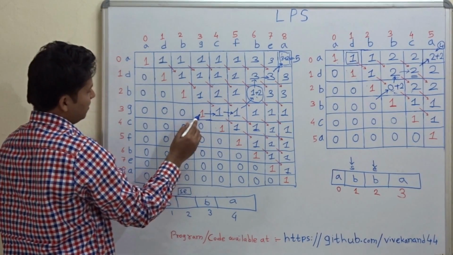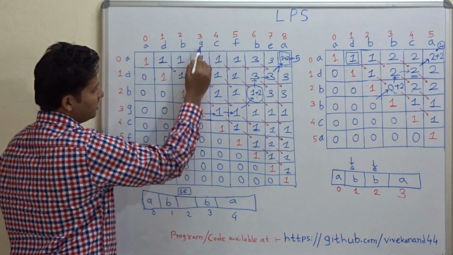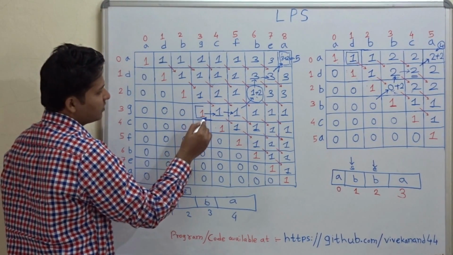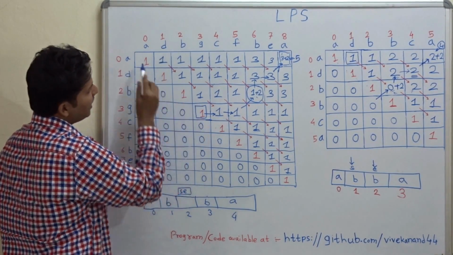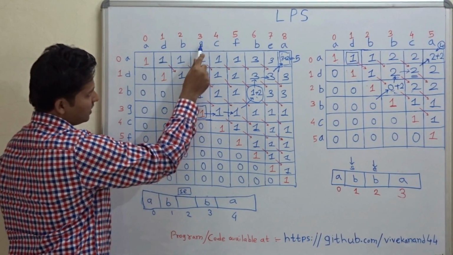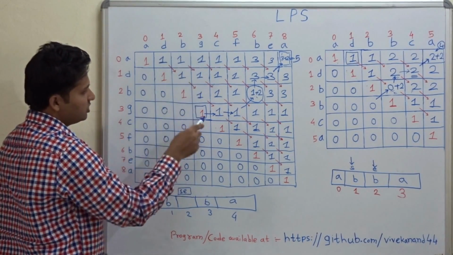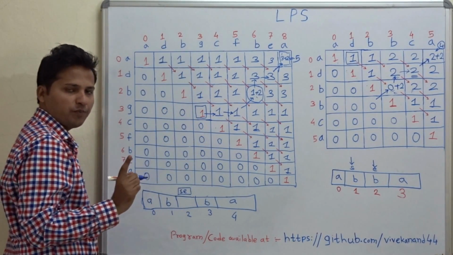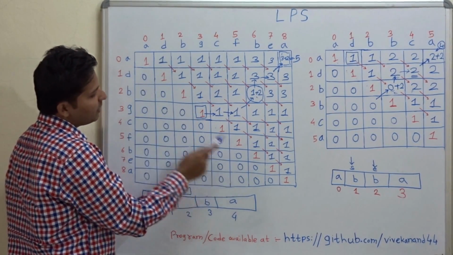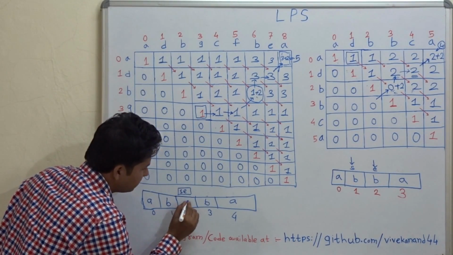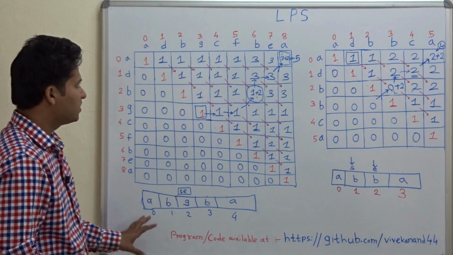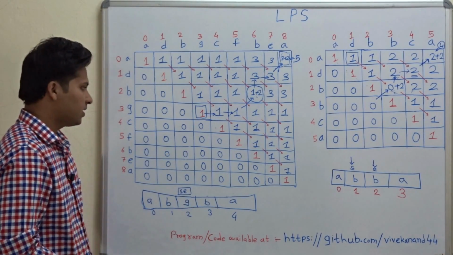Now for this cell you can see G and G match with each other, and it is in the diagonal of this matrix. So we end here and the character which matches is G. So in case of odd palindrome, that one character we always get at the diagonal of the matrix, so we write G here. So this is how we find out that longest palindromic subsequence.